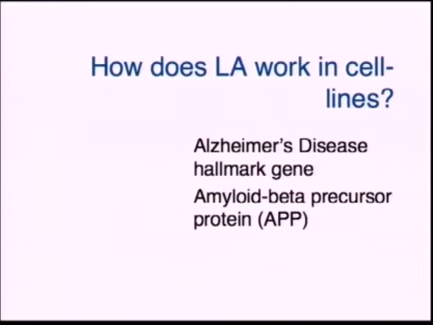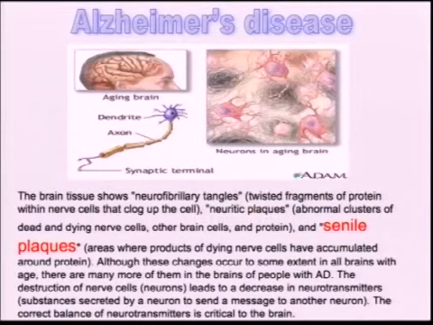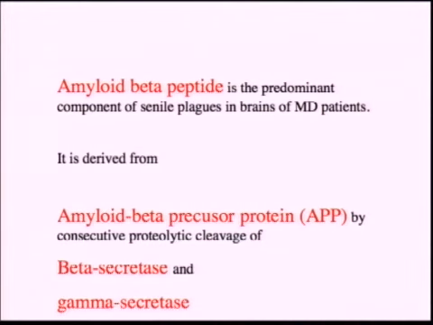So I use that as the X and try to do some studies here. Okay, so people know that with Alzheimer's disease, you find a little plaque, and the major component is the amyloid beta peptide, the little things.